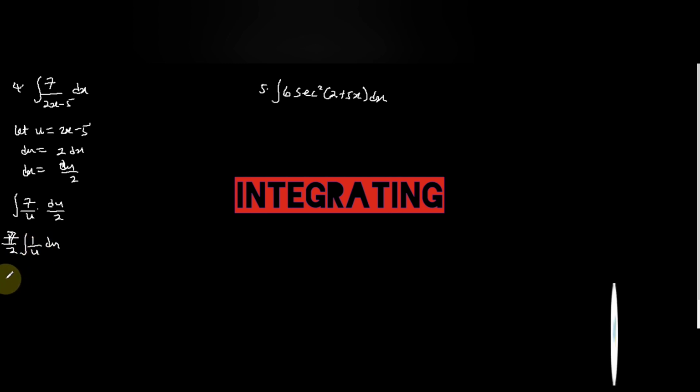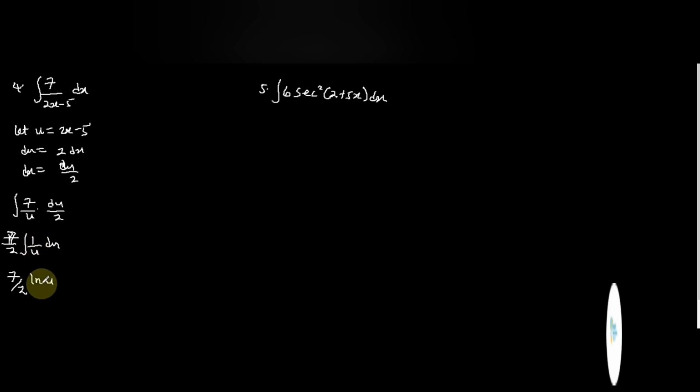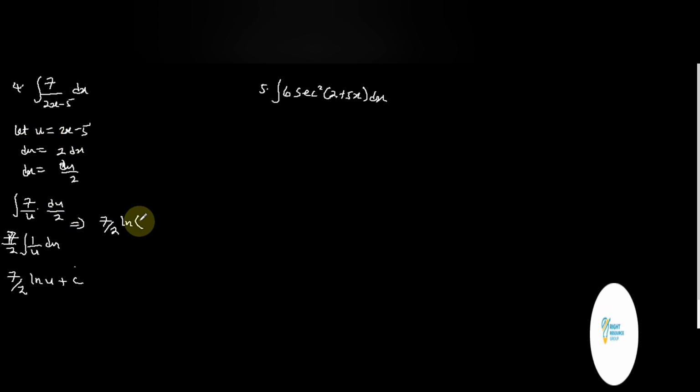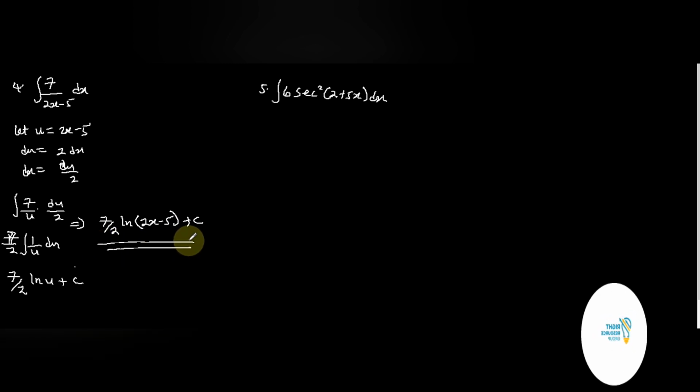The integral of 1 over u is ln u plus c, and this will now be equal to 7 over 2 ln of u. We have u to be 2x minus 5, plus c, and this is our integral for that function.